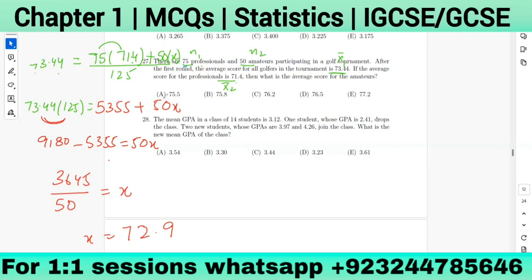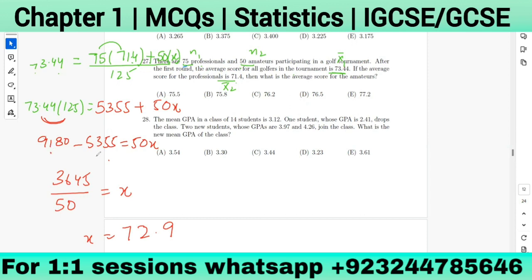Yes, did you find the mistake? No, it's the same. What is 9180 minus 5355?